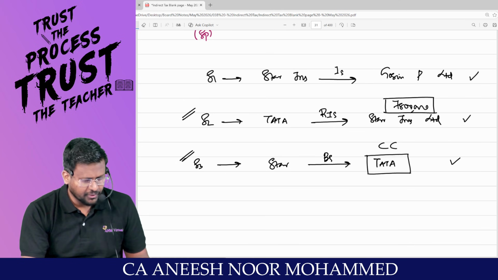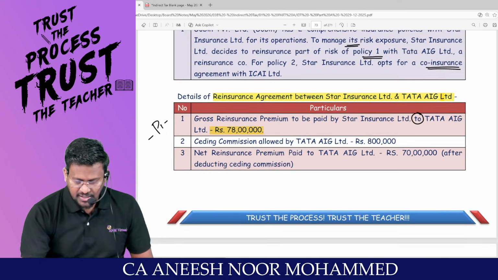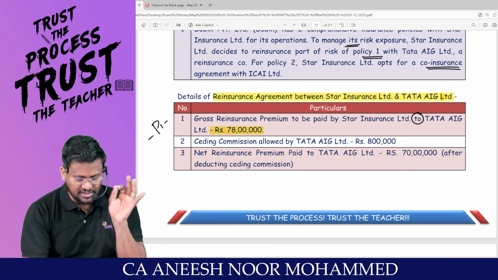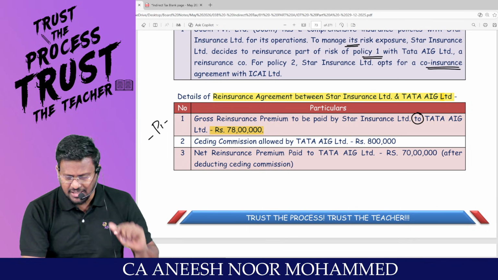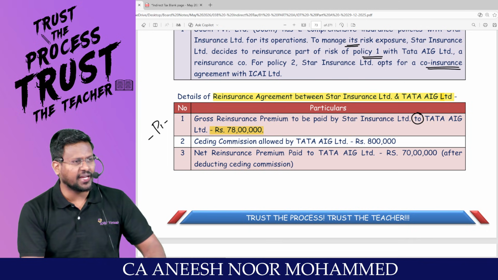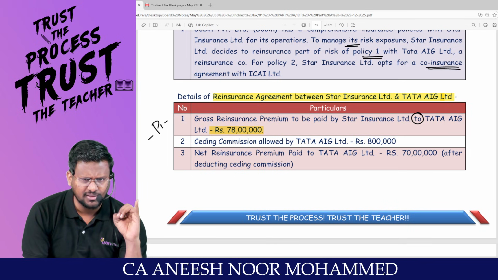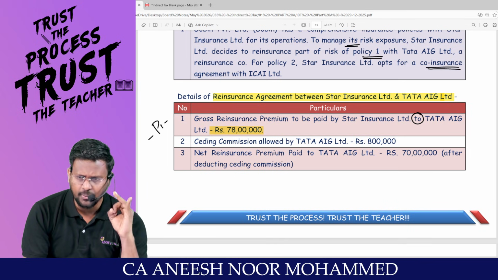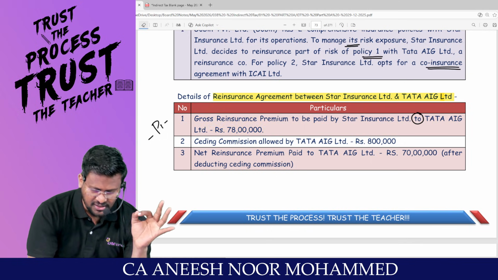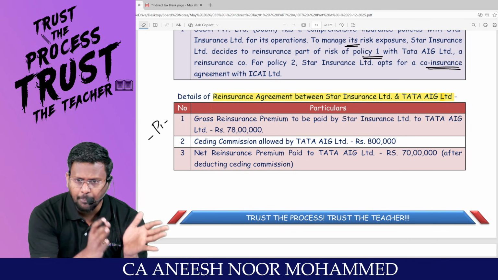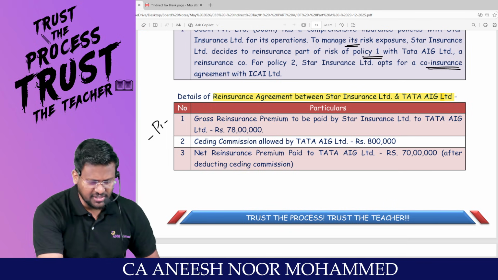Sir, gross reinsurance premium to be paid by Star Insurance Limited to Tata AIG, please understand. Because the service provider is Tata AIG and the service recipient is Star Insurance. So Star Insurance, my dear lovable students, is supposed to pay gross consideration of 78 lakhs.